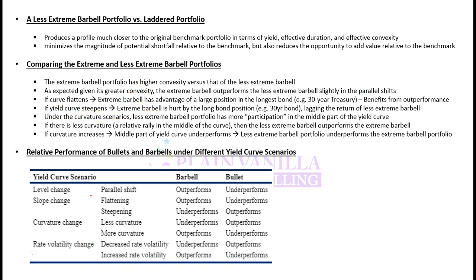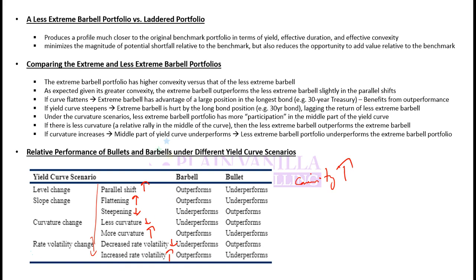So that means if you know the relation of convexity with all these scenarios, then you should be able to find out which portfolio will outperform or underperform. You know that if convexity is higher, then parallel shift outperform, flattening outperform, steepening underperform, less curvature underperform, more curvature outperform, decreased rate volatility underperform, and increased rate volatility outperform.